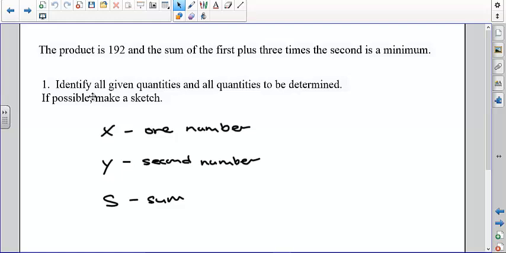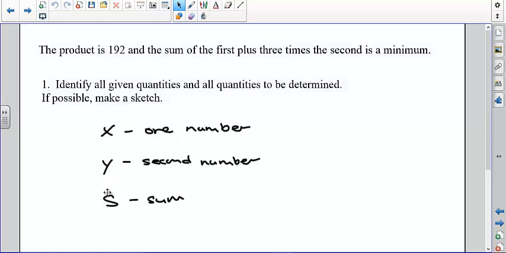So the first thing you do is you identify all given quantities and all quantities to be determined. If possible, make a sketch. In this case, we don't make a sketch because they're just numbers. But we're just going to define, we pick the letters to use as the variables. So we're going to say there's two numbers, and the first number is x, and the second number is y.